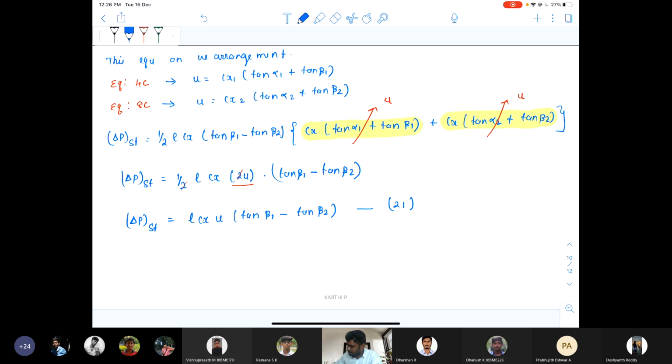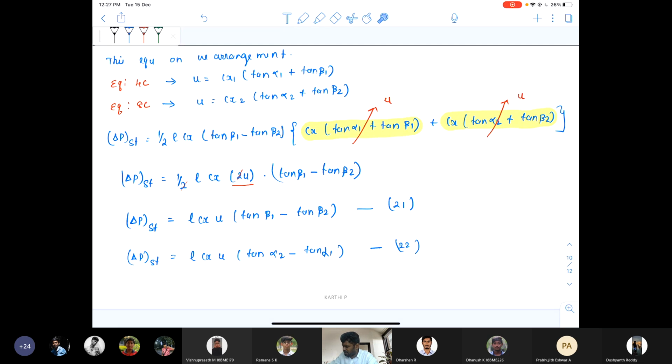In the same way, this equation can also be written as delta P at the stage equal to rho Cx u into tan alpha 2 minus tan alpha 1, and consider this as equation number 22.